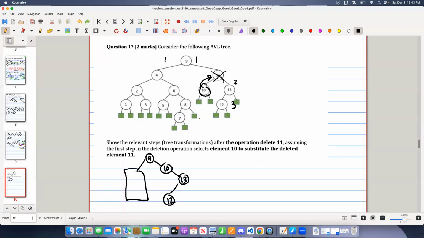I'm pretty sure that this is just not balanced. Let me count it one more time. Okay, 0. This is the proper way to count. 1, 2, 0, 1, 2, 3. 2 and 3 is balanced. Yeah, I think it is balanced.